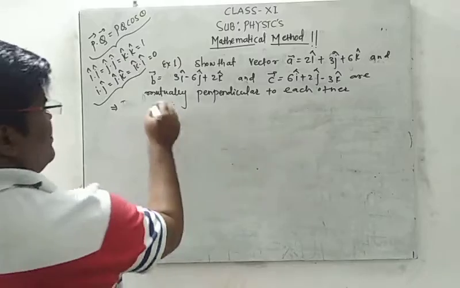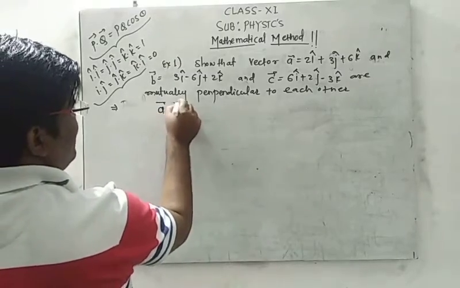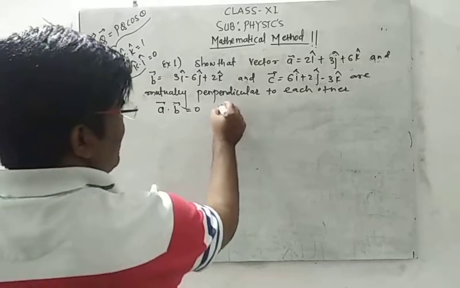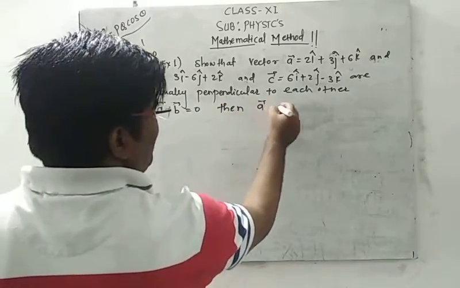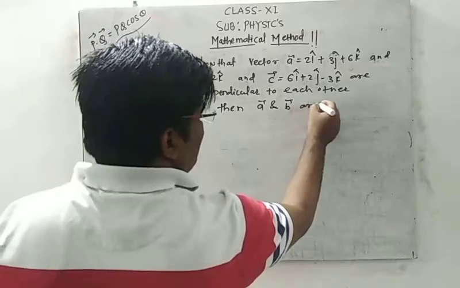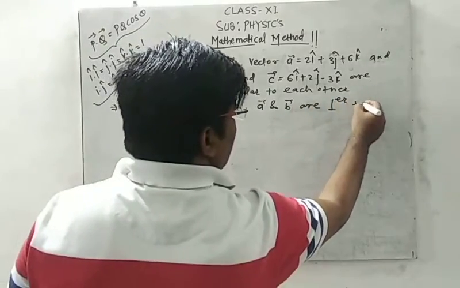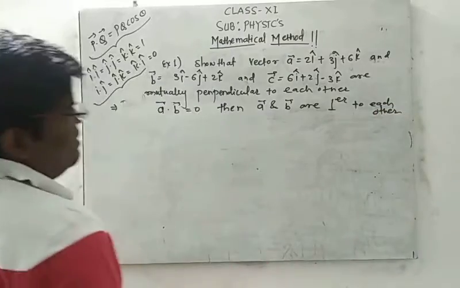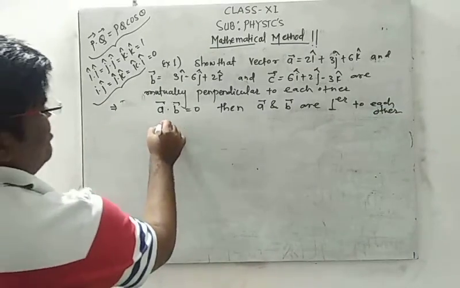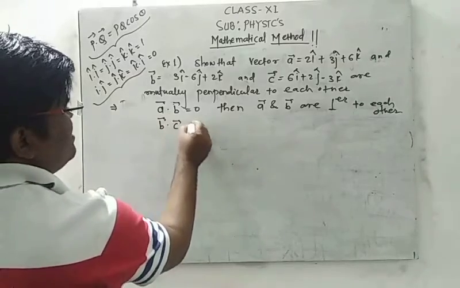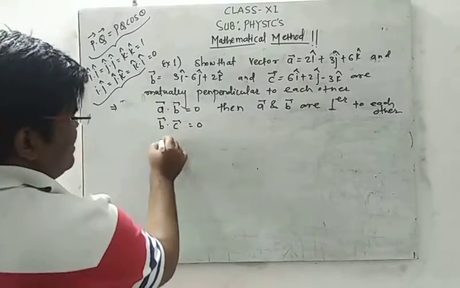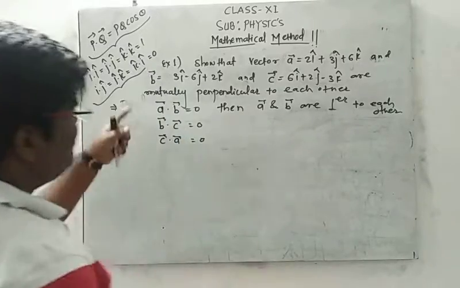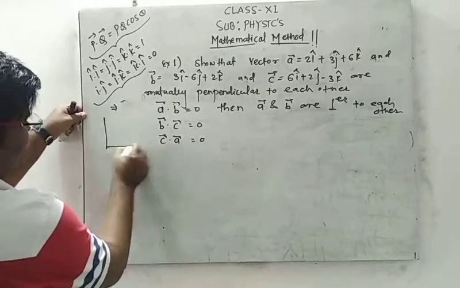So if a bar dot b bar is equal to 0, then we can say that a bar and b bar are perpendicular to each other. Similarly, if b bar dot c bar is equal to 0 and c bar dot a bar is equal to 0, then these three vectors are mutually perpendicular to each other.